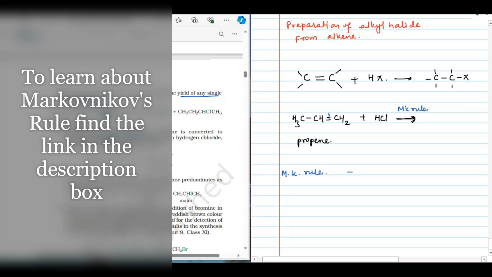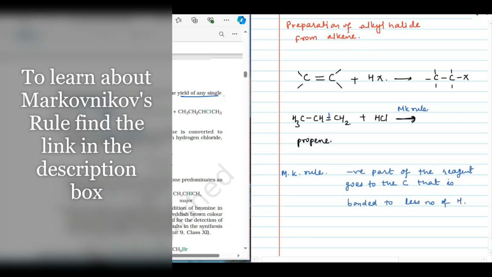According to MK rule, the negative part of the reagent goes to the carbon which is bonded to less number of hydrogen.